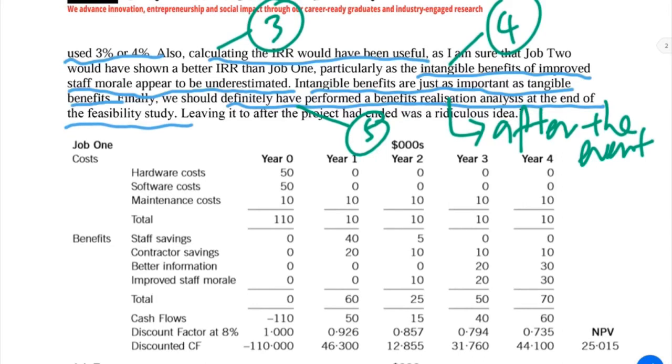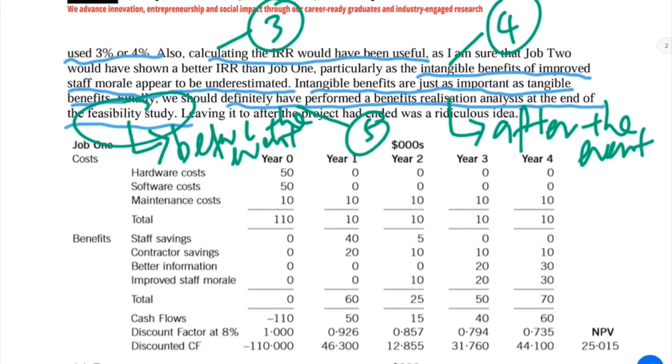Your benefit realization is supposed to be at the end of the feasibility study. This is according to Barry's. Excuse me, come on, my dear students, come on. Should a feasibility study be before the event or after the event? Remember, your feasibility study should be before the event. Can you see a conflict here already?